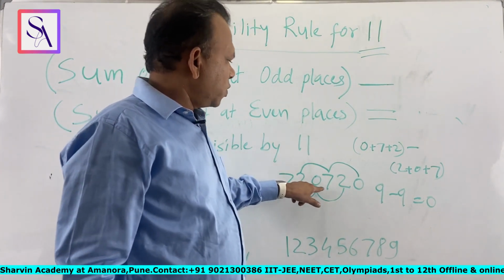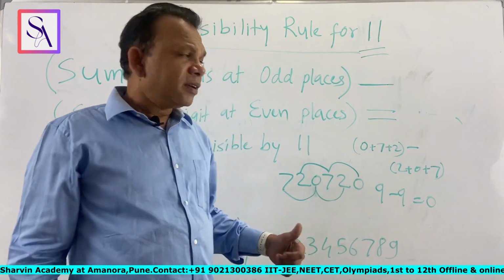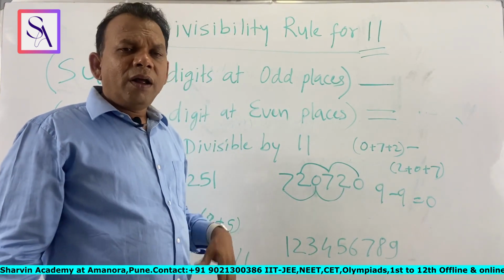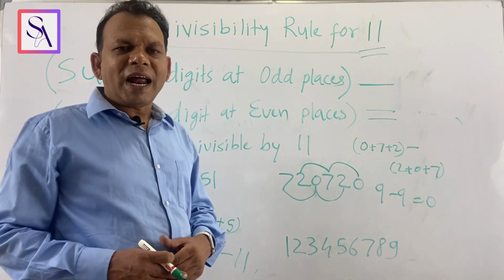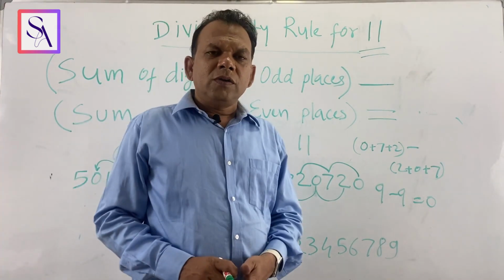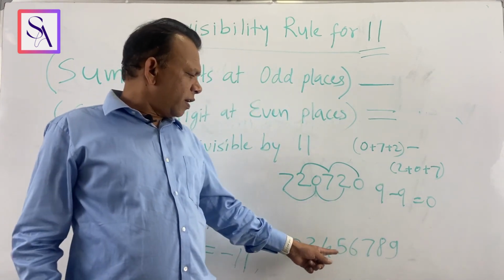So 720 is divisible by 11. Got it? This is a little bit trickier one, but once you practice you will be thorough with that. So can you solve for this number 1 2 3 4 5 6 7 8 9?